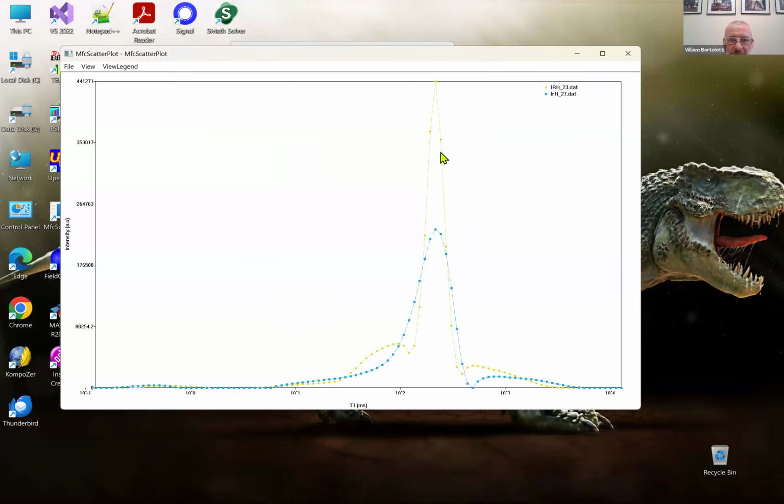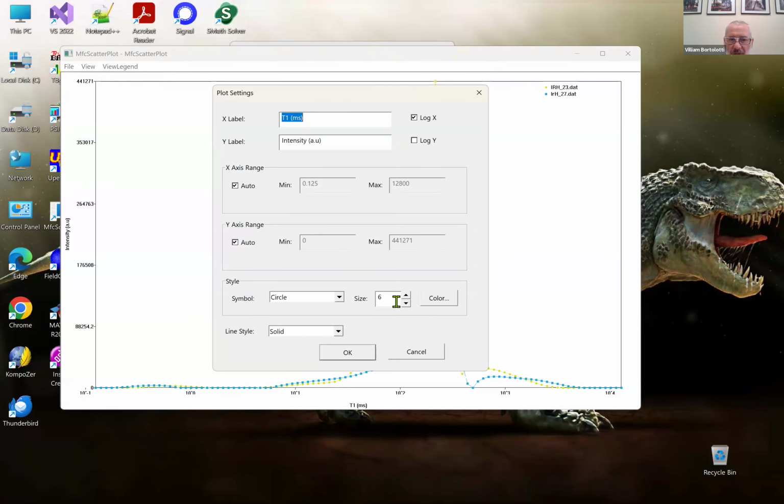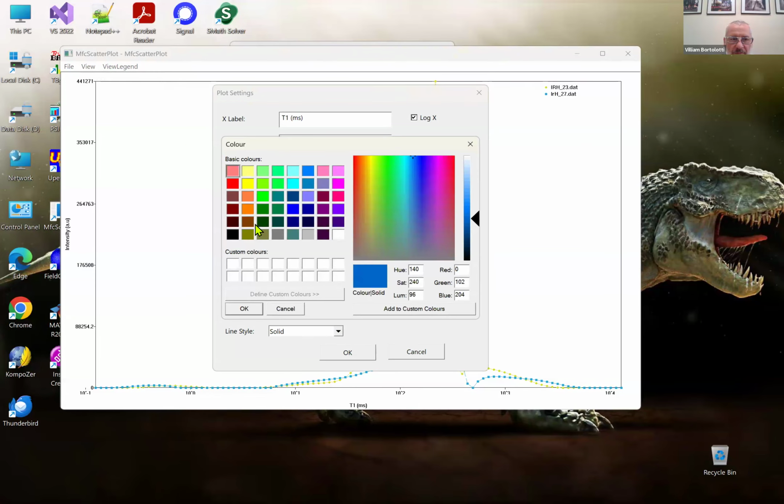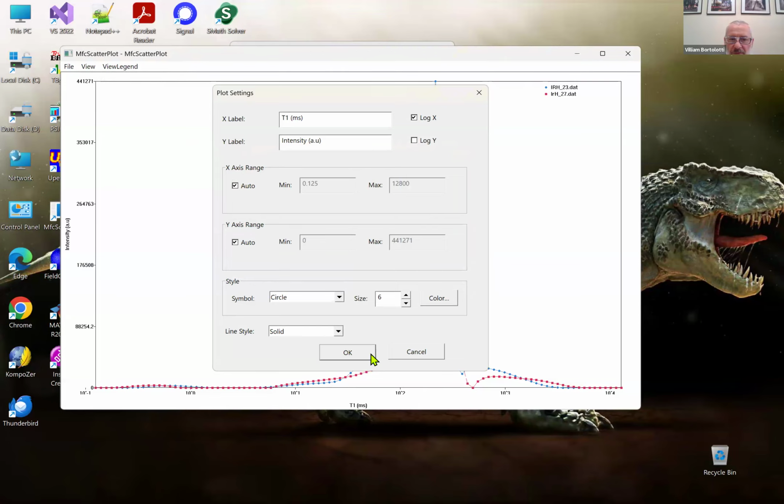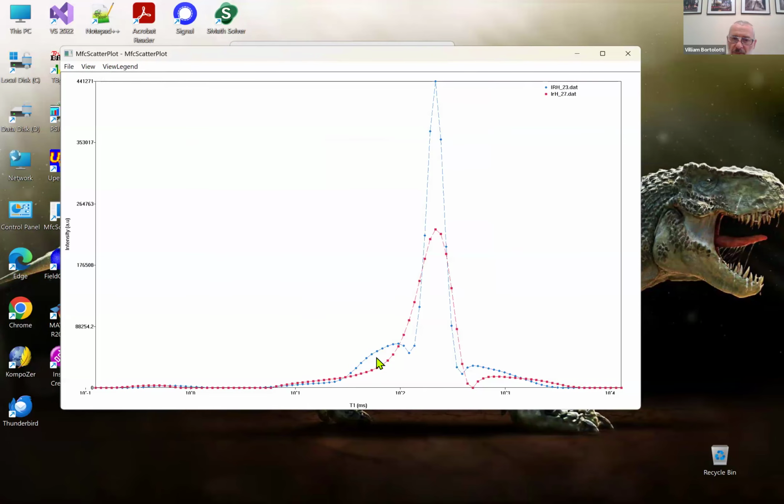This yellow corresponds, the color is not so good, you can change color, it is a little bit random. Okay, you see the blue peak here disappeared at 27 of July after 4 days.